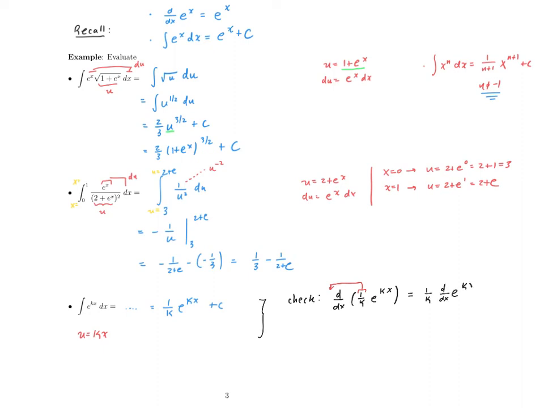And as we mentioned previously, the derivative of e to the kx is simply k e to the kx. That is, the k over the k cancel, and we're left with e to the kx. So I'll say check. We have now verified that when we differentiate 1 over k e to the kx, we get back e to the kx, which was the desired function.